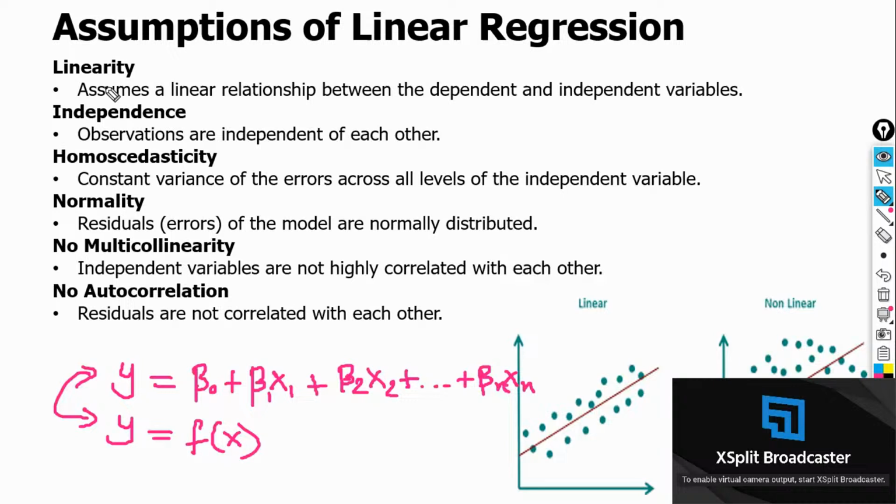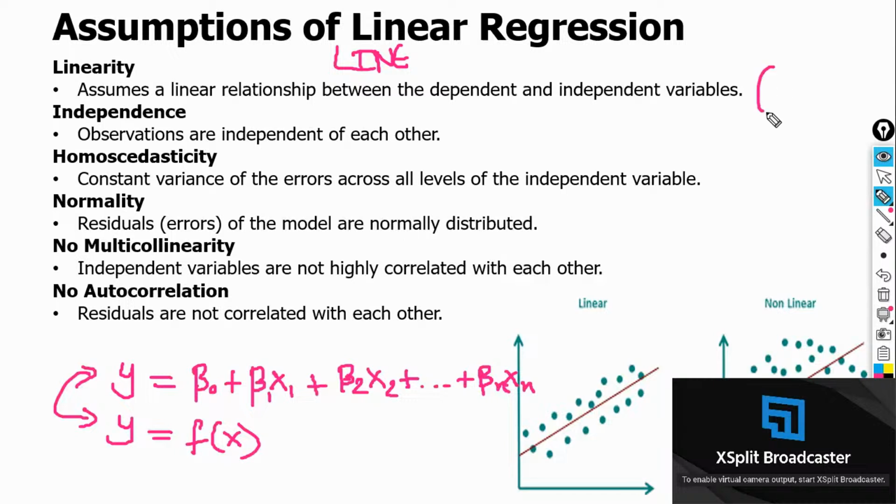Linear regression has assumptions, and these assumptions are called LINE assumptions. L stands for linearity. What does linearity mean? Linear regression assumes there is a linear relationship between independent and dependent variables.